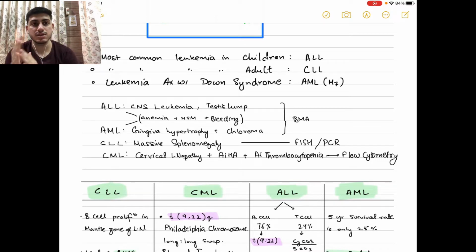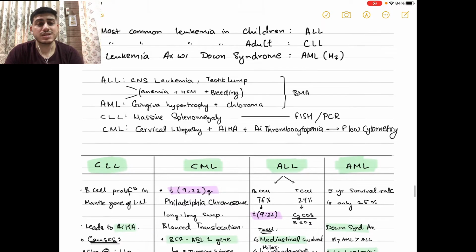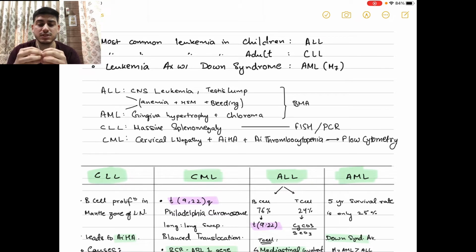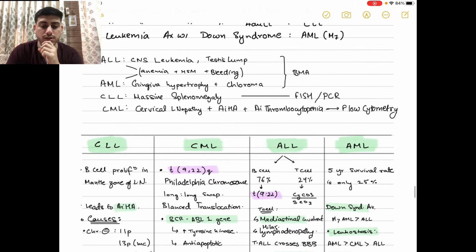The Down syndrome kids, if they are younger, are obviously children. But here we are talking about the strong association of AML with Down syndrome. Both of these have a very strong association together.